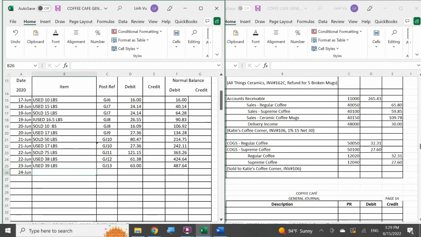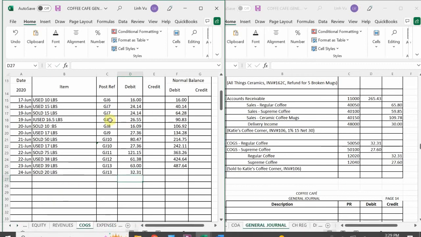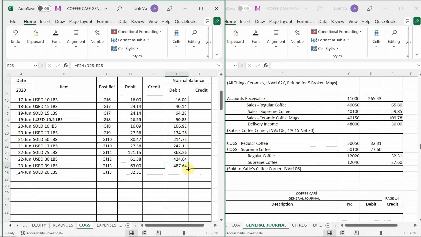Okay, so we sold 20 pounds for 32.31. $519.95.